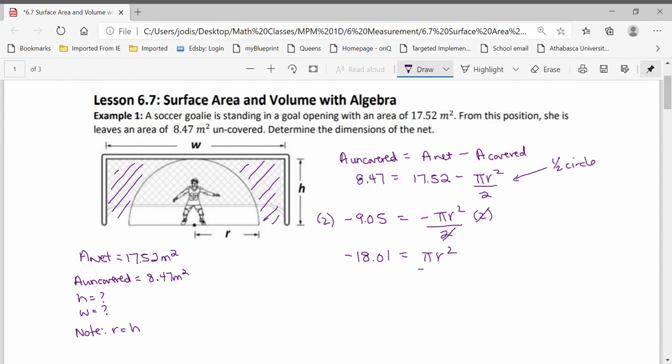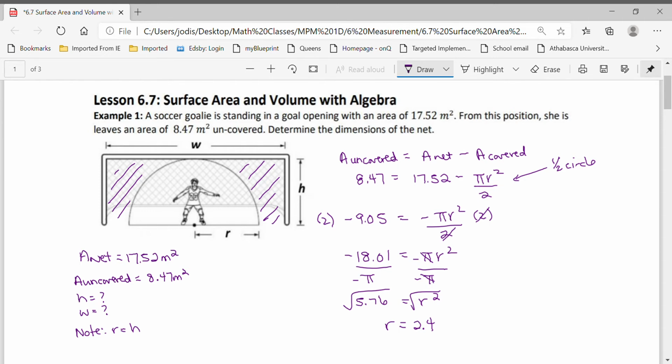Then we can divide both sides by pi, right? Because we want to figure out what r is. So over here we get, by negative pi, careful, 5.76 is our r squared. And then to get r by itself, we take the square root of both sides. So r equals 2.4.